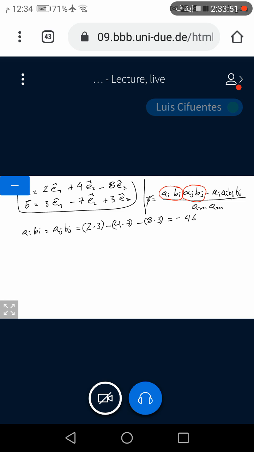On the other hand, these guys, this guy here and this guy here are the same. So, I is equal A_M A_M, 2 times 2, 2 square, but it's basically that.